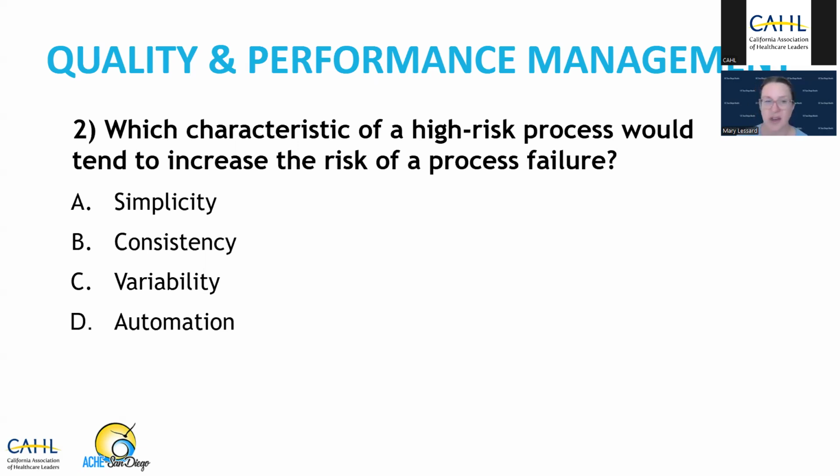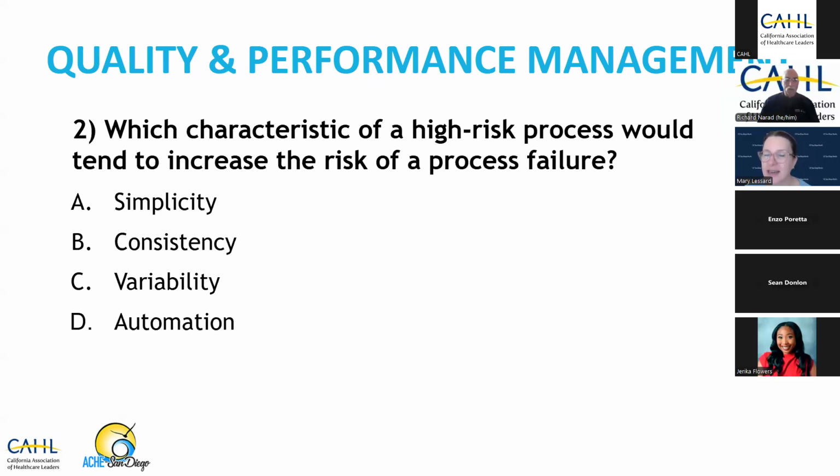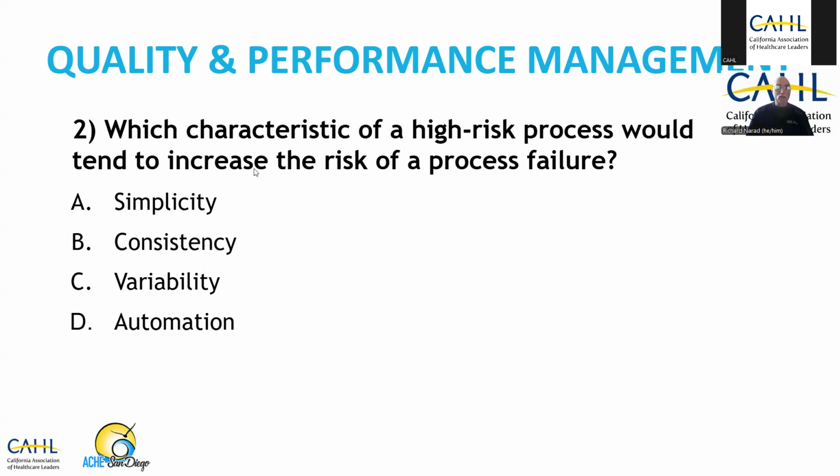Before I click the button, Richard, do we have any? Other people are saying C, and I just wanted to point out also that it's important to see the word increase because it's easy to think, oh, what would make it better? We're talking about quality, and you start looking backwards. So this one is sort of like a negative question in that sense.